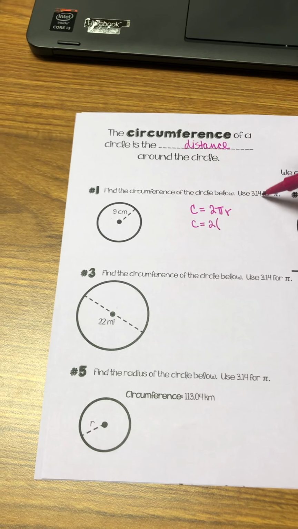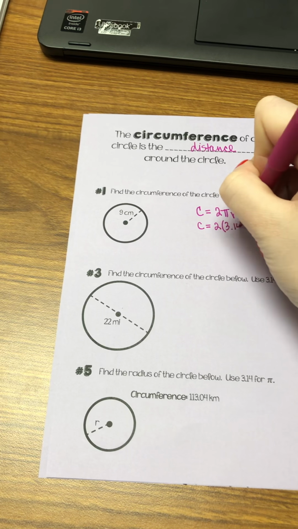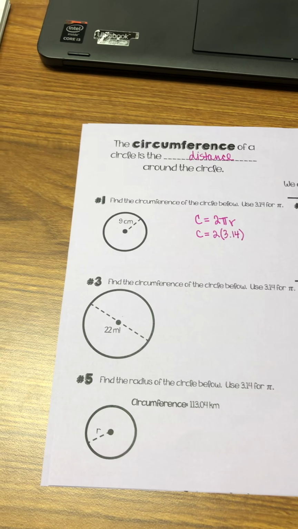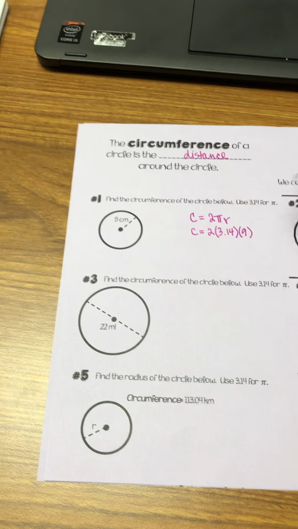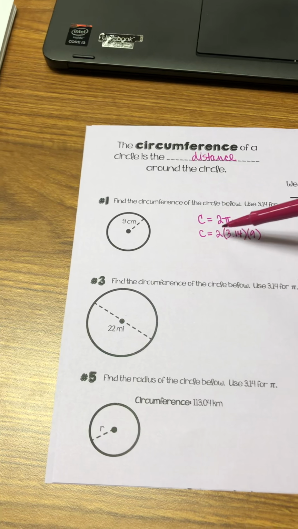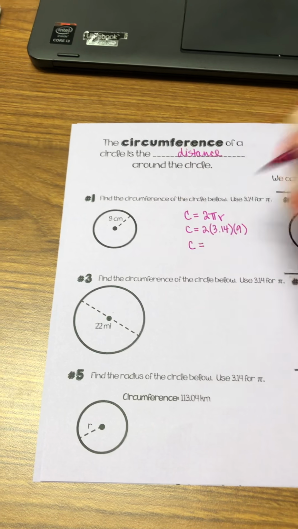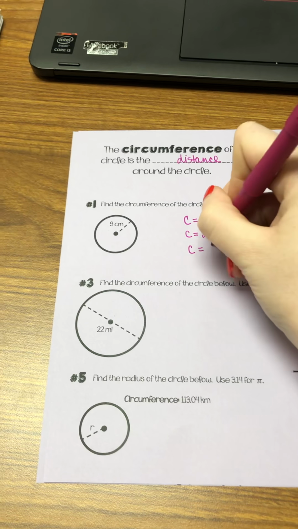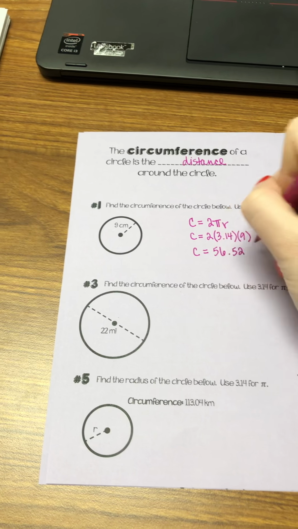So they want me to use 3.14 for pi. And then for the radius, I'm going to substitute in 9. So we would just multiply 2 times 3.14 times 9, which gives us 56.52 centimeters.